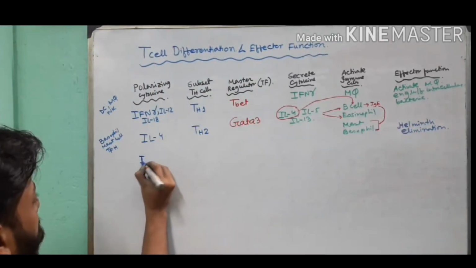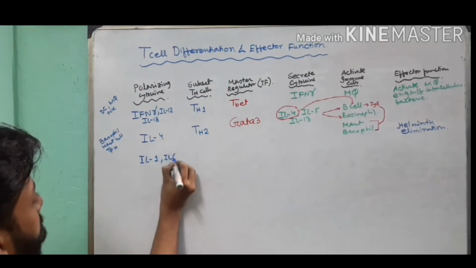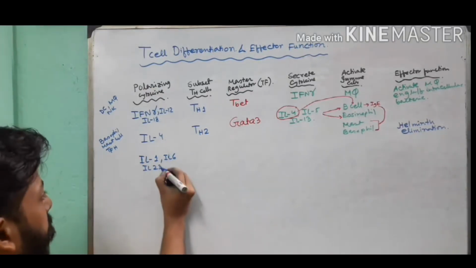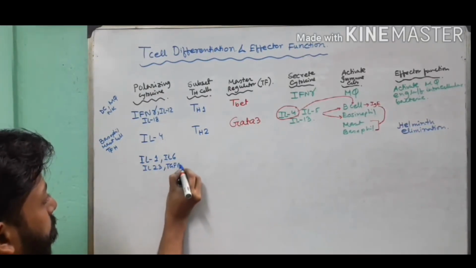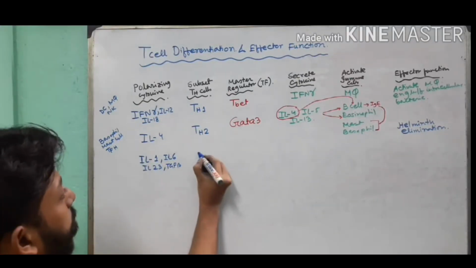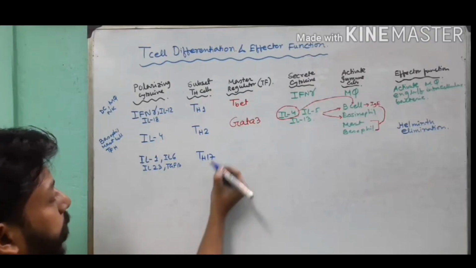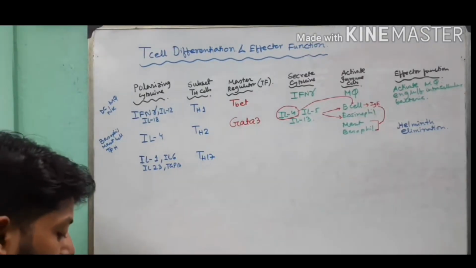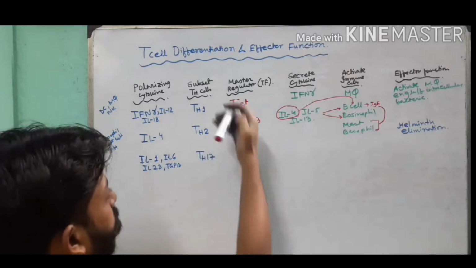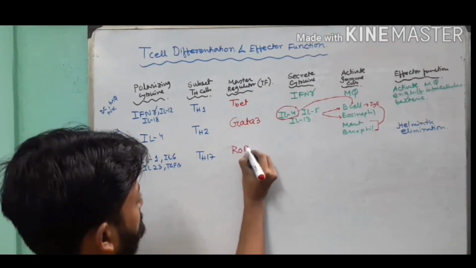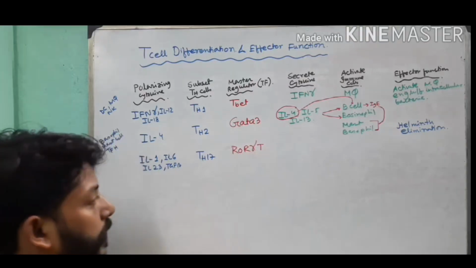If cytokines like IL-1, IL-6, IL-23, and TGF-beta are secreted, then T helper 17 is generated from the naive T helper cells, and the major master regulatory transcription factor is ROR-gamma T. This is a transcription factor.